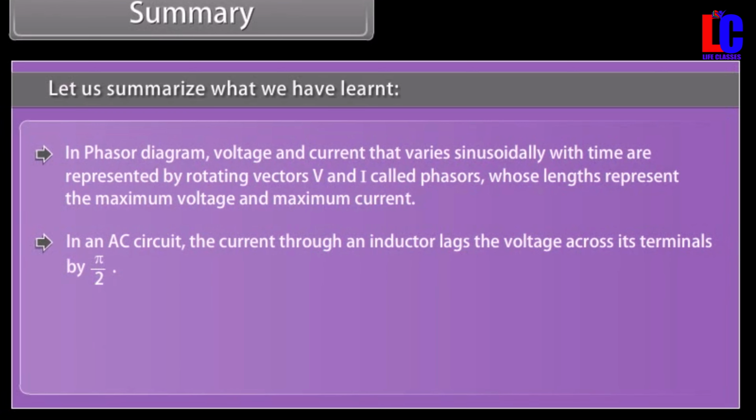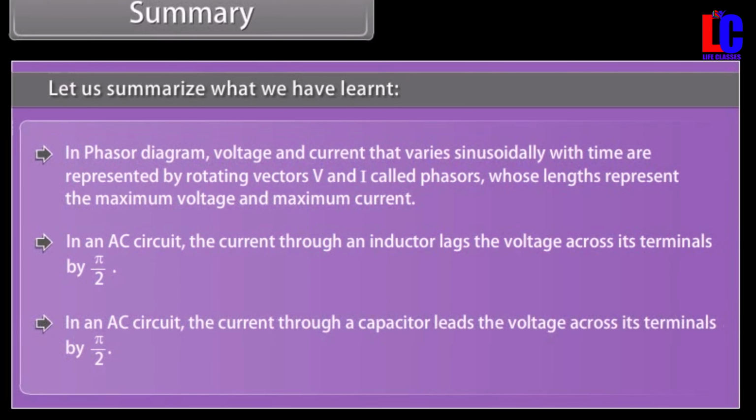In an AC circuit, the current through an inductor lags the voltage across its terminals by π/2. In an AC circuit, the current through a capacitor leads the voltage across its terminals by π/2.